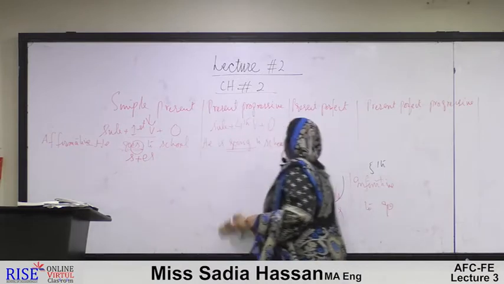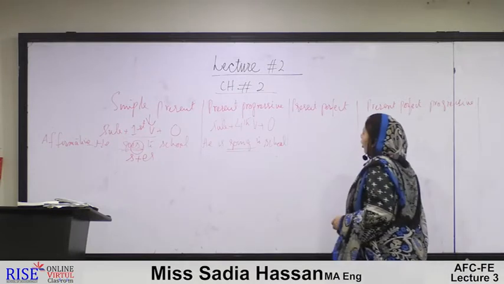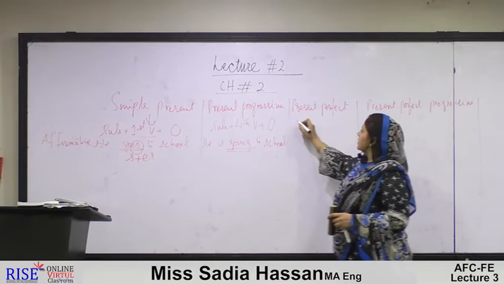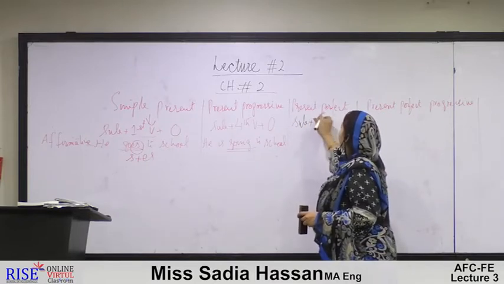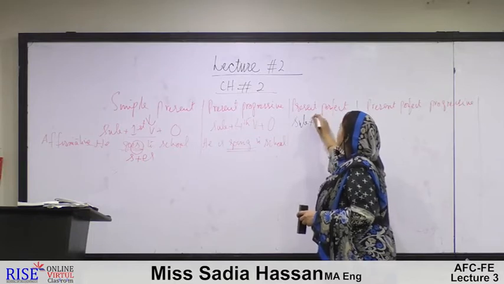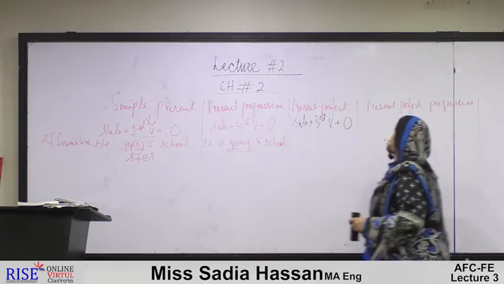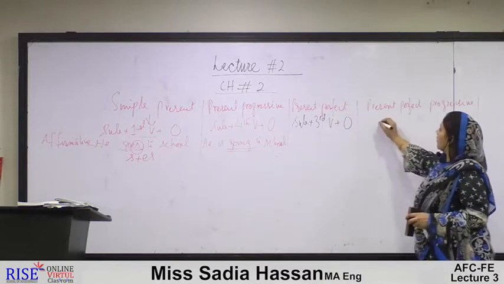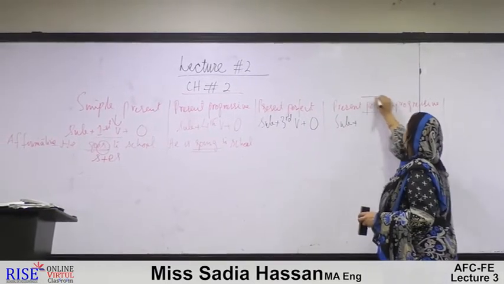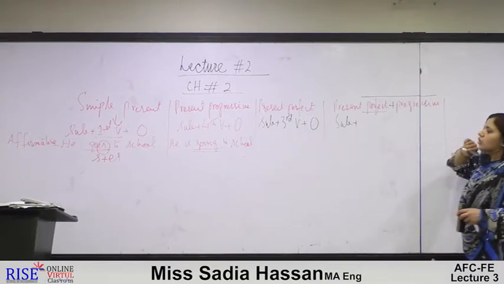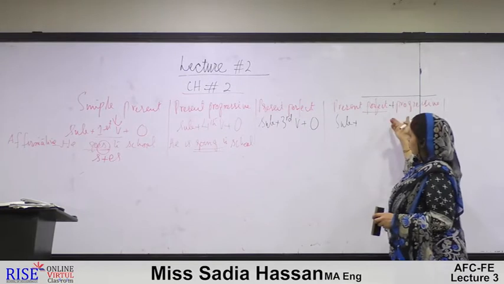Now we move on with the same topic. Present perfect. How are we going to make the structure of this tense? Subject plus which form of the verb will we be using? Subject plus third verb form plus object. And again on the present perfect progressive, subject plus, again actually this is a combination of perfect and progressive, so we'll be needing both of the forms of the verb in this combination.